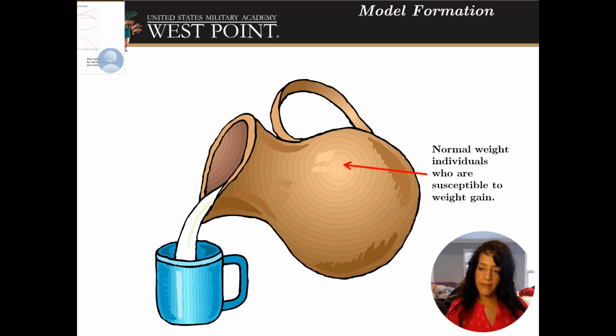They could spontaneously gain weight, maybe through a pregnancy, and thereby end up in the cup of overweight. And also, some of the folks from the overweight category could flow back by losing weight into the normal weight category. So everything is modeled by flows and rates of change, and so that's where we're using calculus.